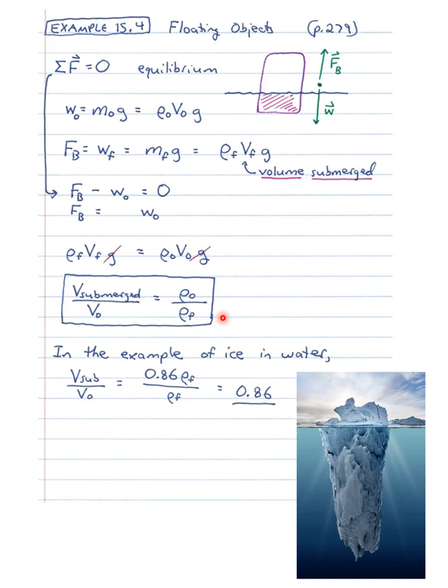So in this example of ice in water, V submerged over V object is 0.86 times density of the fluid over the density of the fluid, and that becomes 0.86. So pretty neat. Whatever percentage its density is of the fluid, that's going to be the percentage that is submerged.